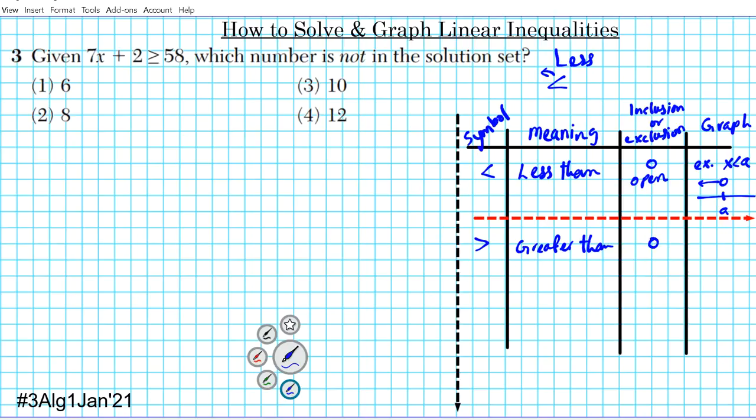This is also an open circle, because you cannot include the boundary point in the solution set. For example, x > a: on the number line, it increases to the right, so any number bigger than a, to the right of a, is greater. So that's that for greater than.